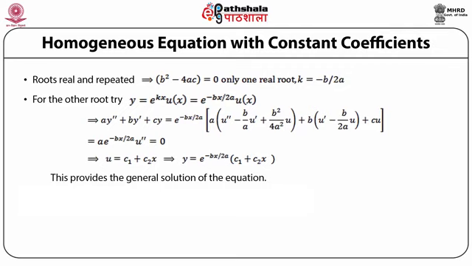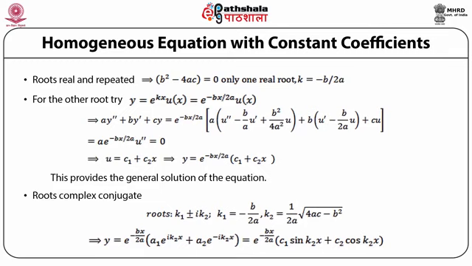Now we consider the third case where the roots are complex conjugate. This is the case when b square minus 4ac is less than 0. Let the two complex conjugate roots in this case be k1 plus i k2 and k1 minus i k2, where k1 is minus b by 2a and k2 is 1 by 2a multiplied by square root of 4ac minus b square.